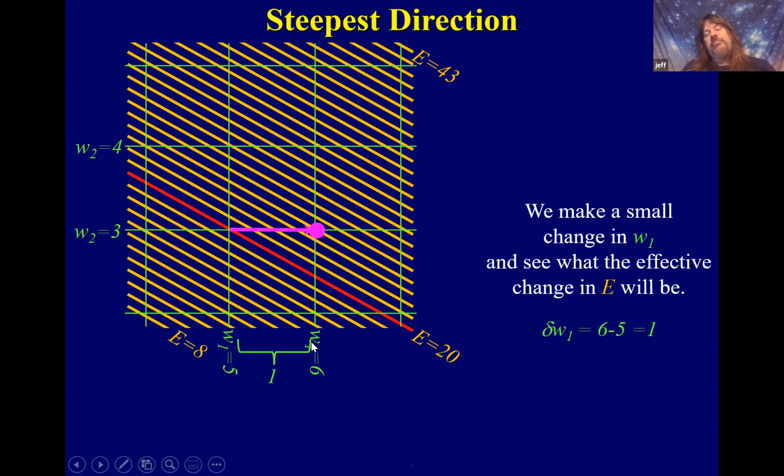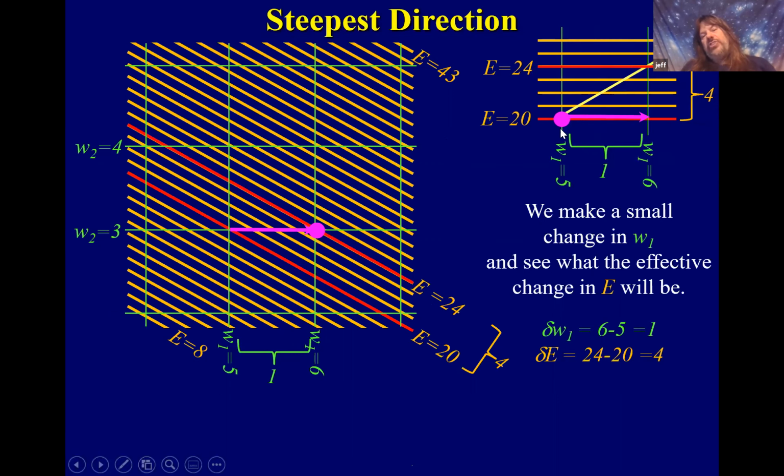So we changed it from 5 to 6. The change in weight is 1. Of course, I said we would do infinitesimals, but let's make this more concrete. And what does that change in our height? If you count the number of contour lines we go over, we went up by 4.